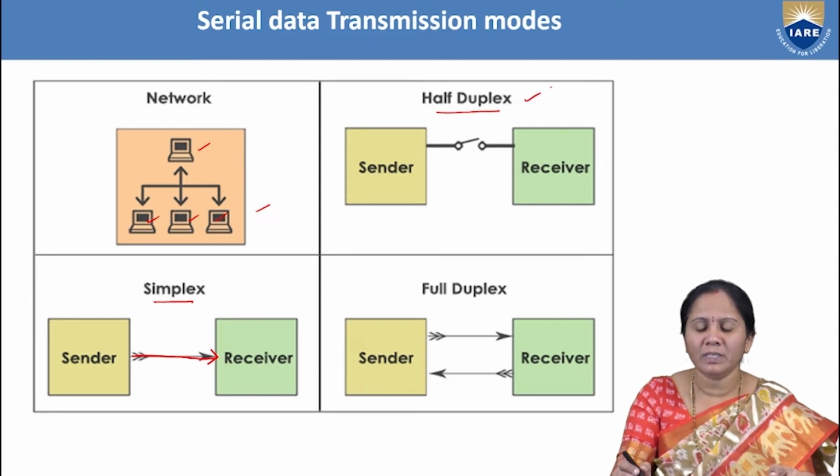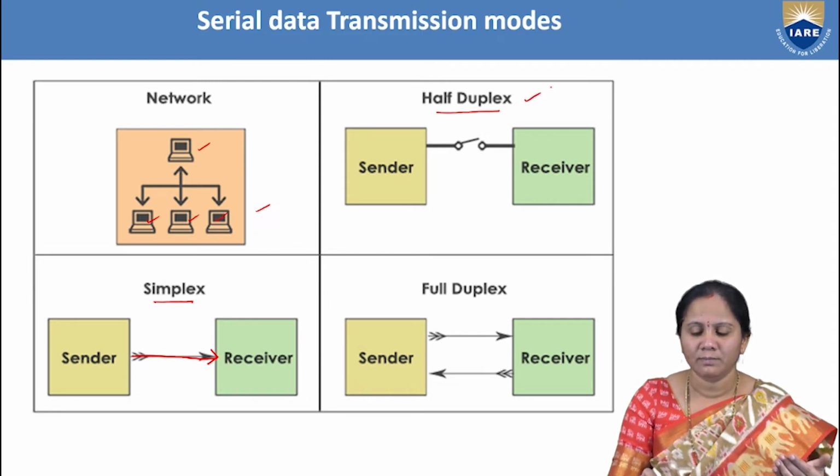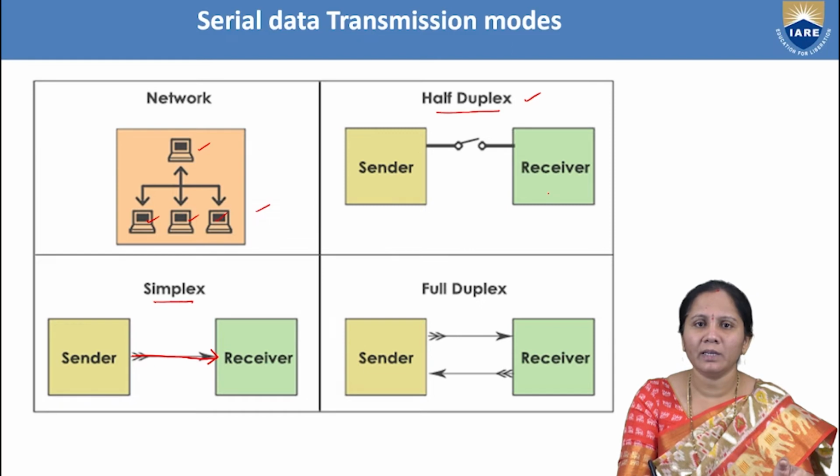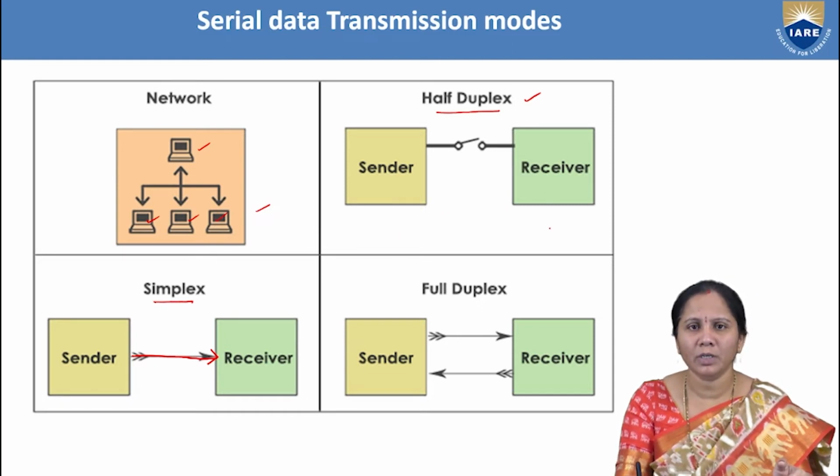So in half duplex communication, two-way communication will exist. But in this case, two-way communication is not performed at a time. That means when the sender is sending the data, the receiver has to receive it. After receiving the complete data, then only the receiver can send the data to the sender. It is two-way communication, but not at a time.